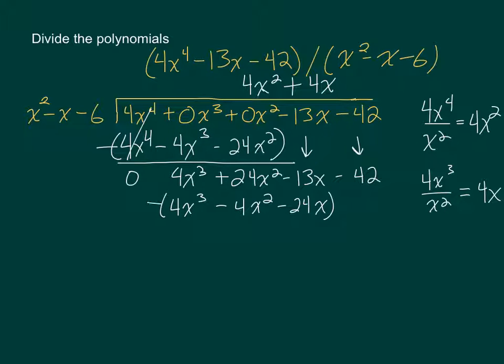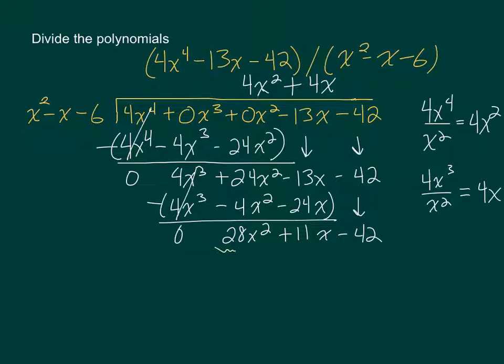And we have to subtract all that away. 4x cubed minus 4x cubed is 0. And 24x squared minus a negative 4x squared gives you 28x squared. 13x minus a negative 24x gives you a positive 11x. Bring down the negative 42, repeat your process.